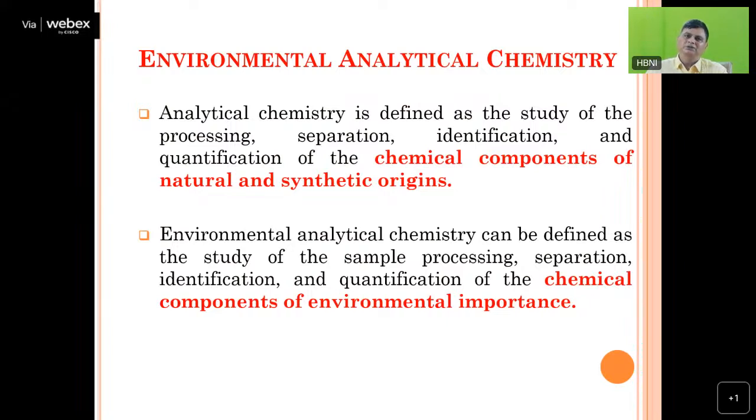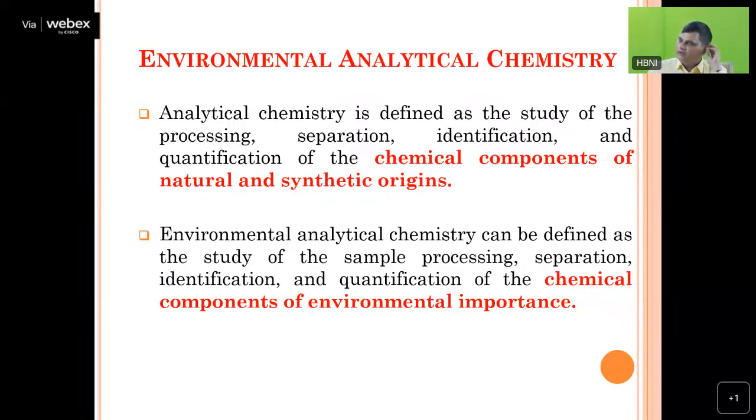Here also we do sample processing, separations, identification, and quantification. In the case of normal analytical chemistry, it is of natural or synthetic origin, whereas in the case of environmental importance, what is the difference between these two kinds, environmental analytical chemistry and normal analytical chemistry?